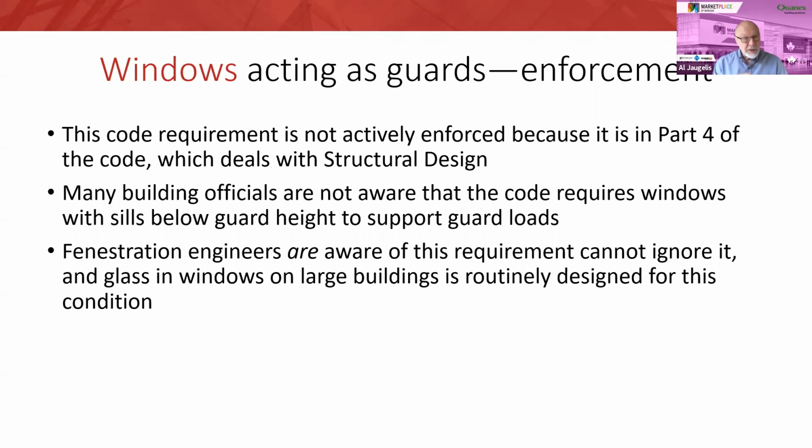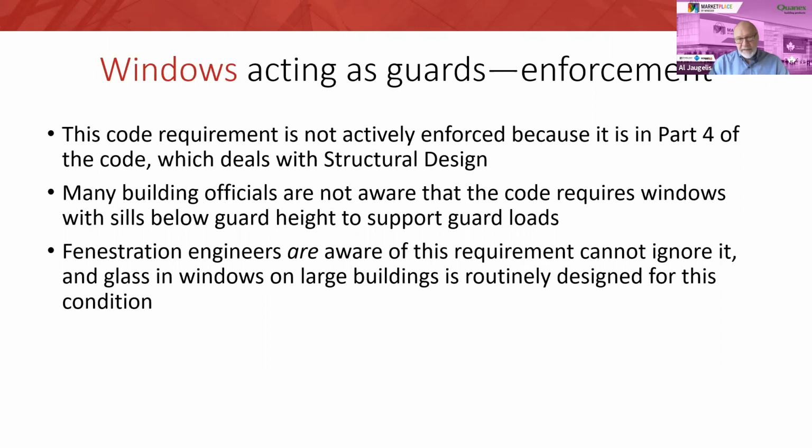But engineering was required to address the structural issues of the window system. And the engineer involved had to address the guard issue, because an engineer cannot not address it, right? If you're designing to part 4, if you're an engineer and you're aware of the guard requirement on windows, you can't just ignore it because it's a Part 9 building.